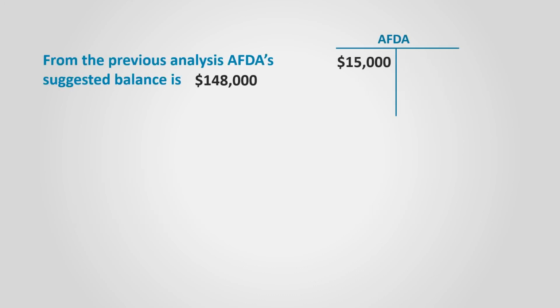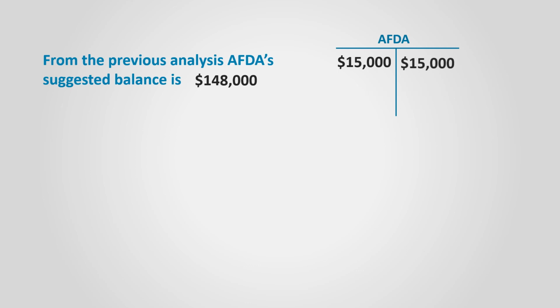Let us assume that the AFDA had a debit balance of $15,000 instead. The estimated balance of AFDA, as previously mentioned, is $148,000. So we need to bring the balance of AFDA to this amount. If we added $15,000 to the credit side, the balance will be equal to zero. But this is not what we want. We need it equal to $148,000.